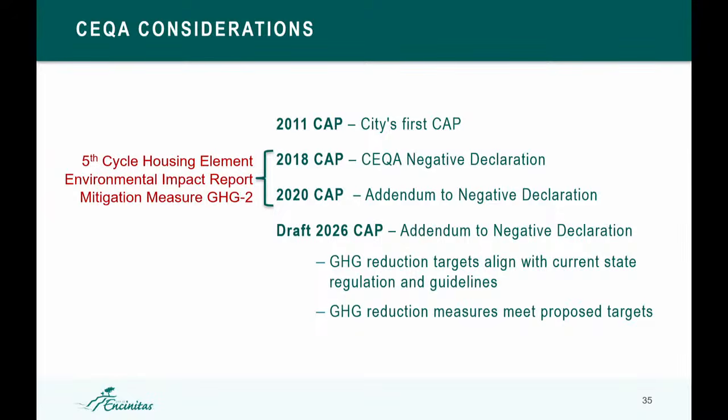Our targets do align with state regulation. And also the measures that have been proposed in the 2026 CAP are enabling the city to meet those set targets. The combination of those two components is what enables the city to adopt an addendum to the 2018 Climate Action Plan's negative declaration.